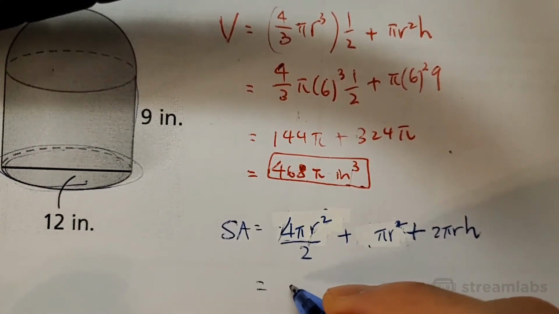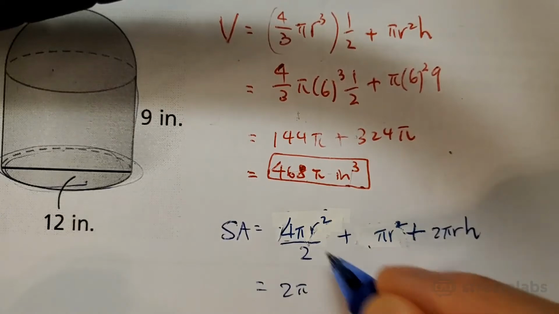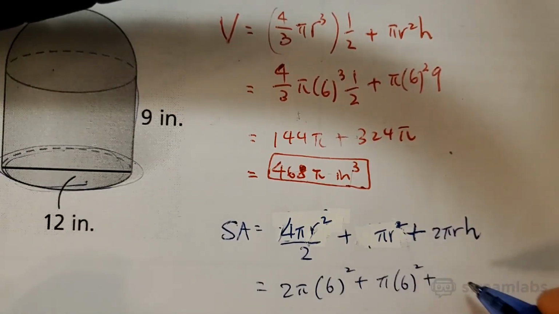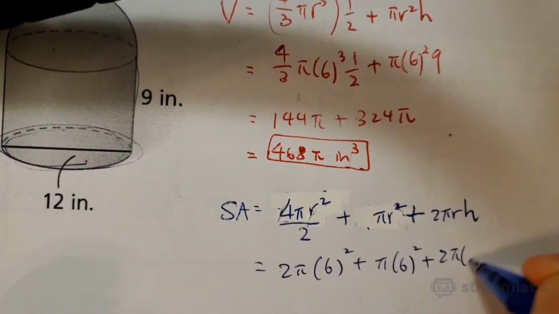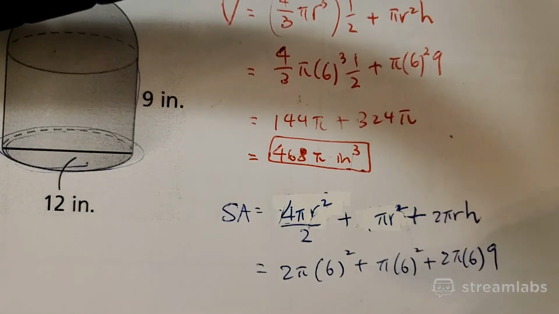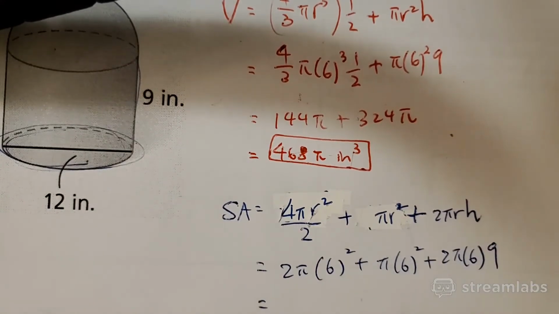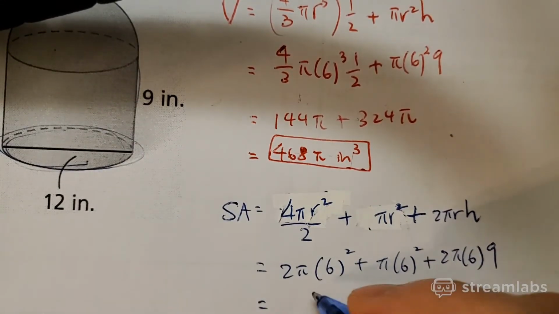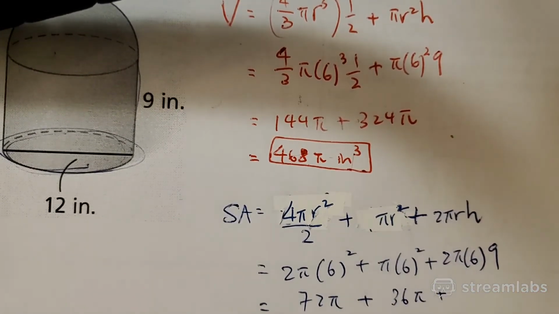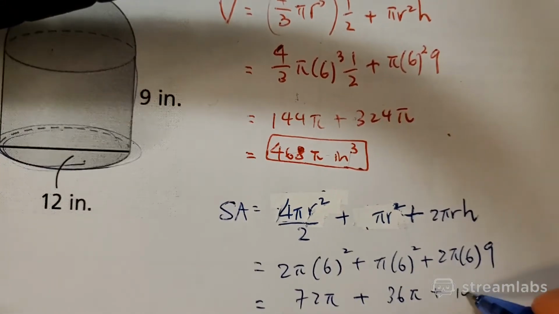Alright, so plug in the numbers. So this is 2 pi r squared, 6 squared, plus pi 6 squared plus 2 pi 6 times height, which is 9. Okay? So you add them up. This is 72 pi plus 36 pi plus 54 times 2, 108 pi.